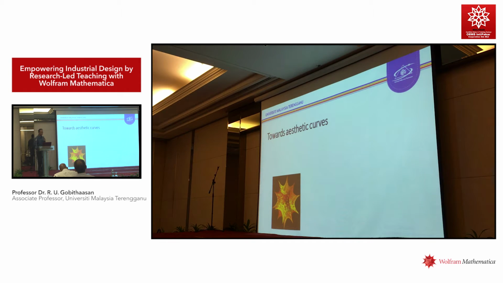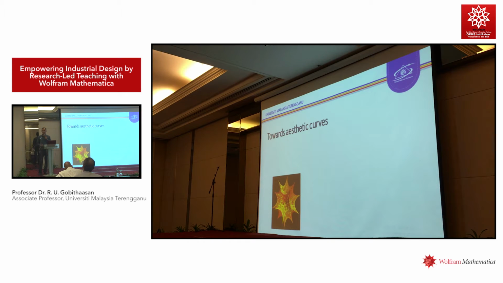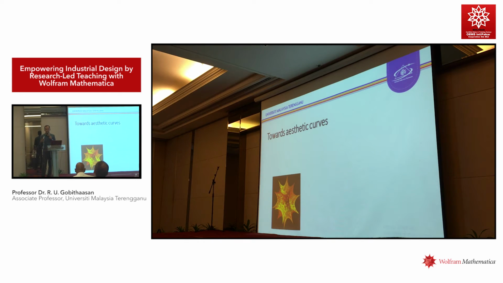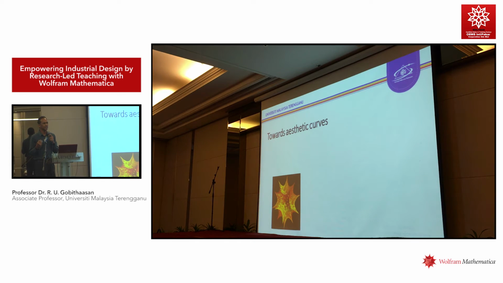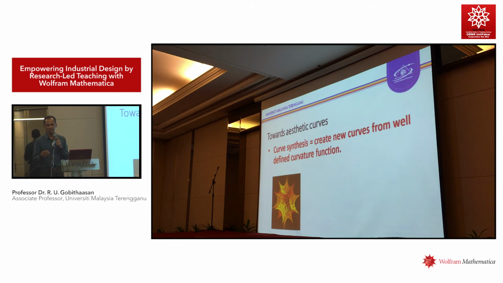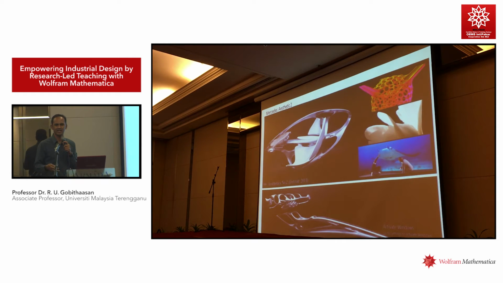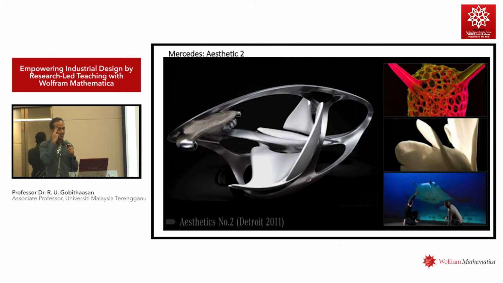Now that we can create curves, of course I can create my own curves, call it Gobi curve, but then it has to have a certain level of quality. How do we define those qualities and say this is an aesthetic curve? Let's look at how Mercedes-Benz create their car.